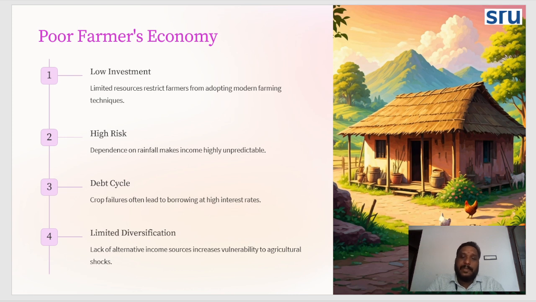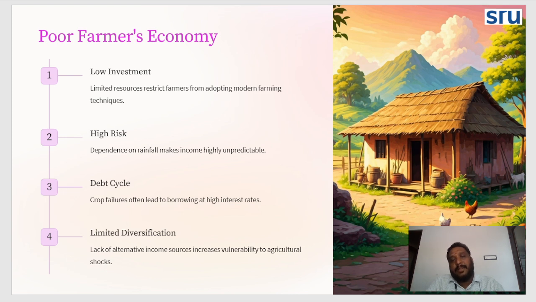This farmer is going to borrow money from some other money lender, again at high interest, and the interest is added to the sum every year.